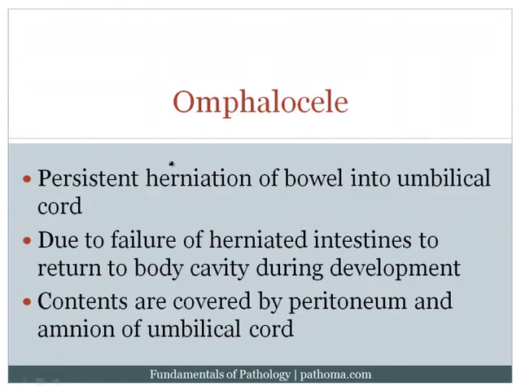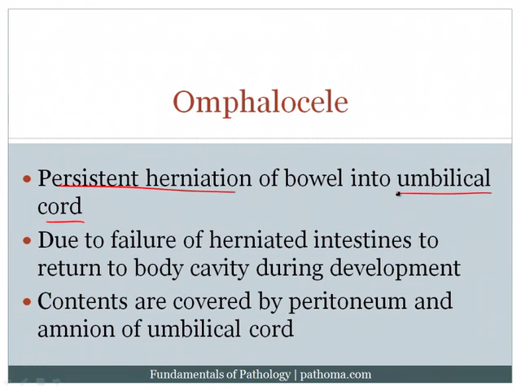The next disorder is called omphalocele, and in this particular case what happens is you get persistent herniation of the bowel into the umbilical cord. Let's go back to development to remind ourselves that because there was very little space in the abdomen during the early development of the bowel, you actually get some herniation of the bowel into the umbilical cord.